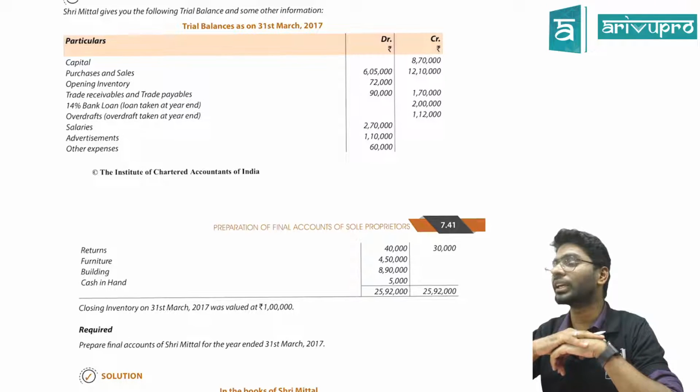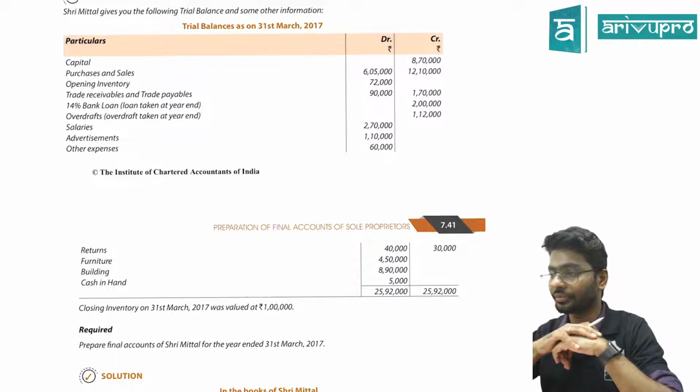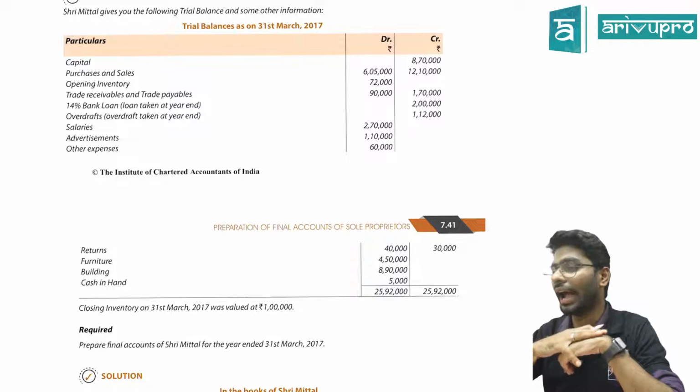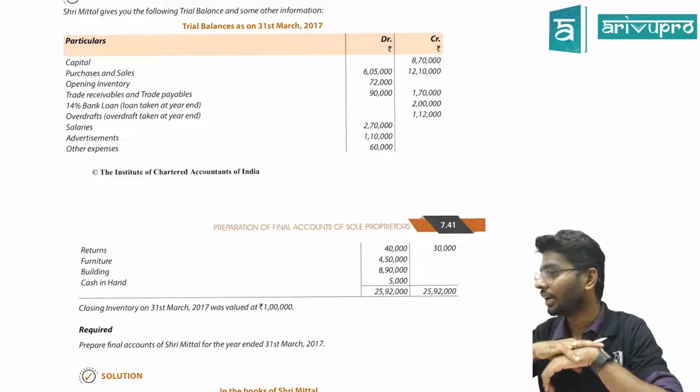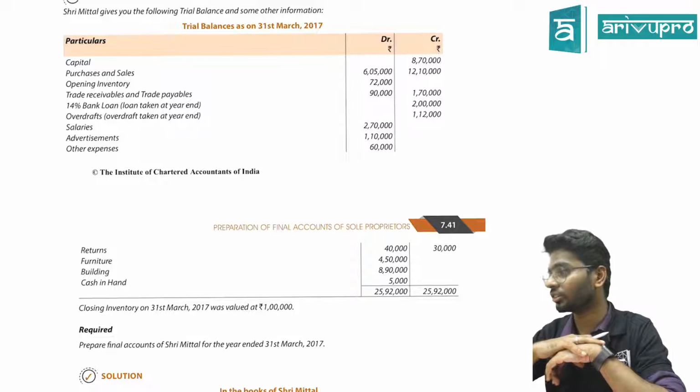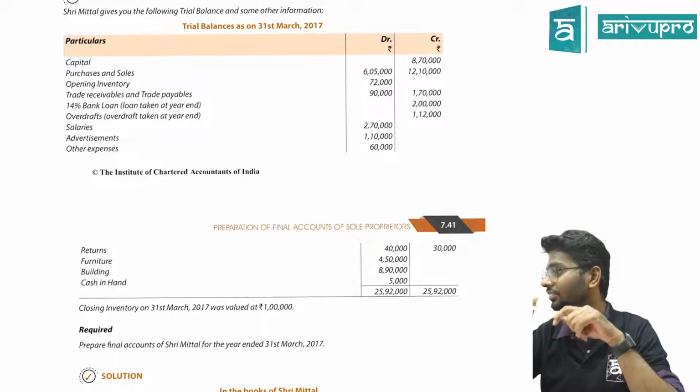It's always better if you can draw lines, because whenever there are no lines, our handwriting crosses the Pakistan border also. Correct, no? Done? Particulars amount, particulars amount.